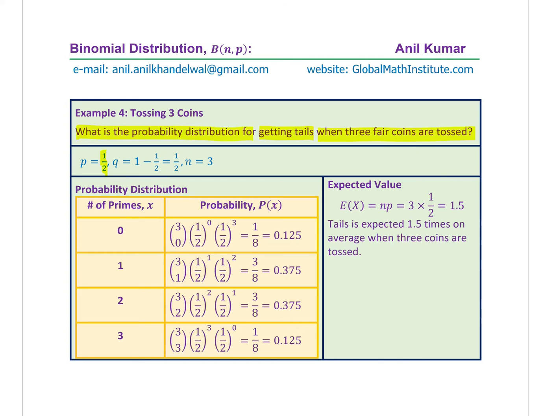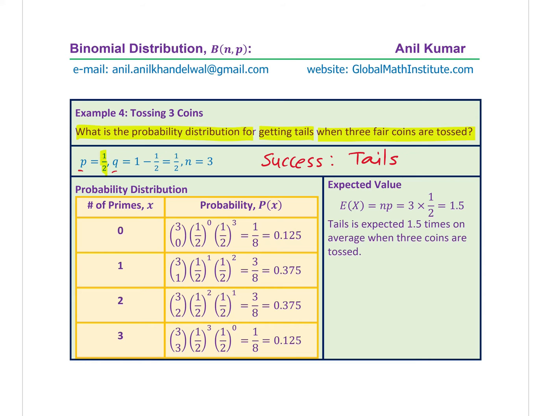Success in our case is tails, right? Let's be clear about it. So in our case, success P is half and Q means heads, which is not a success. This is a binomial distribution since these are independent events where the probability remains constant. Correct?